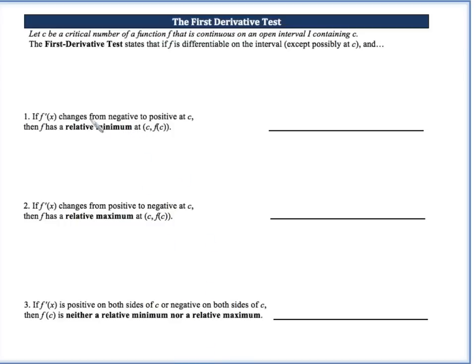So let's think about what that means. We're going to have a critical number here at c, and the derivative is going to change from negative to positive. So on this side, we know that f prime of x is going to be less than 0. And on this side, f prime of x is going to be greater than 0.